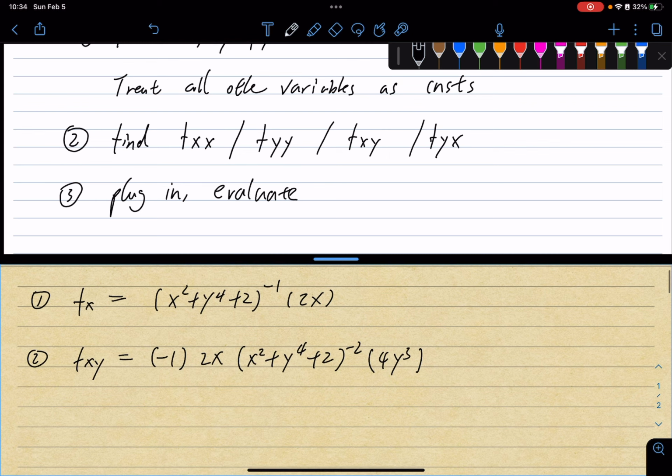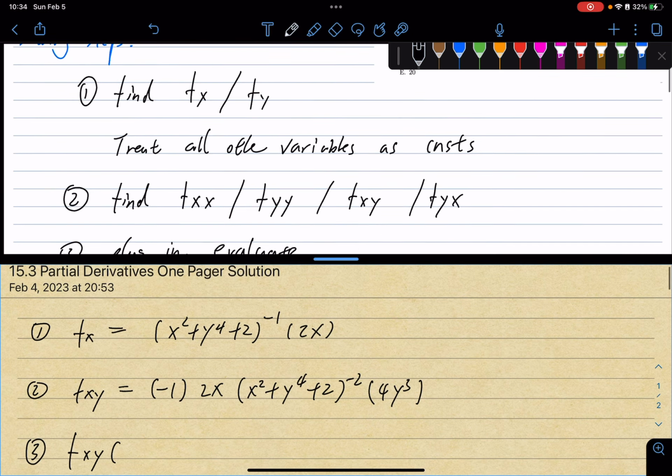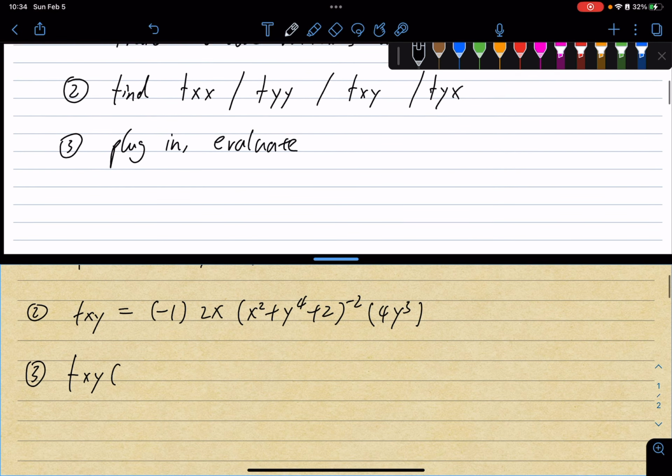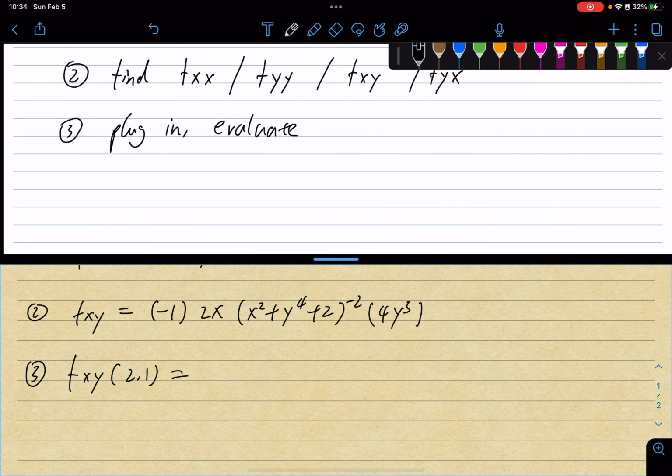So that's your step 3. f_xy at (2, 1) equals negative 1, 2 times 2, (2 squared plus 1 to the 4th plus 2) to the negative 2, times 4 times 1 cubed.